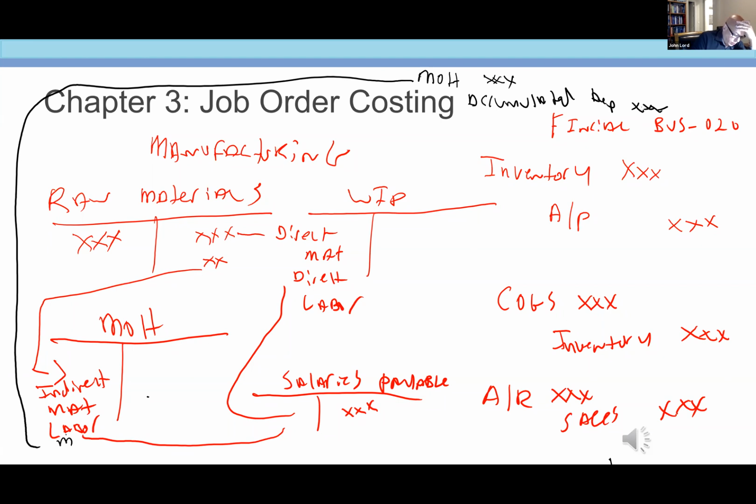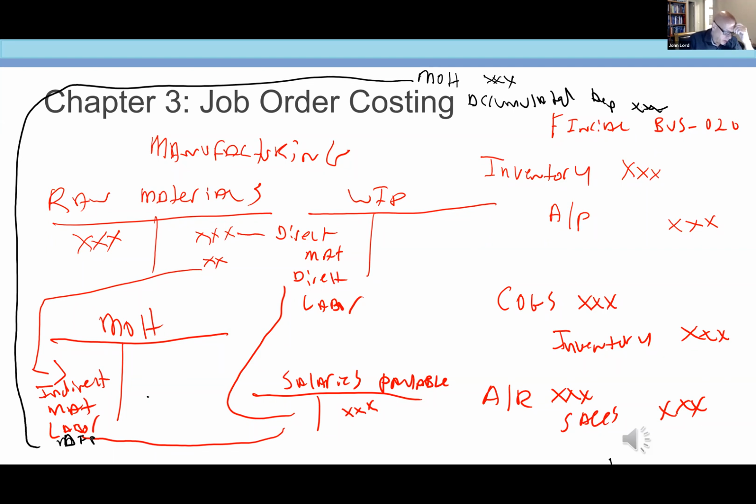So depreciation would get debited there, and I would have other things like my utilities, my rent on my factory building if I had rent, etc.